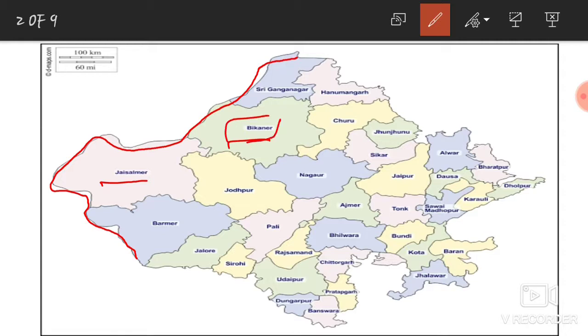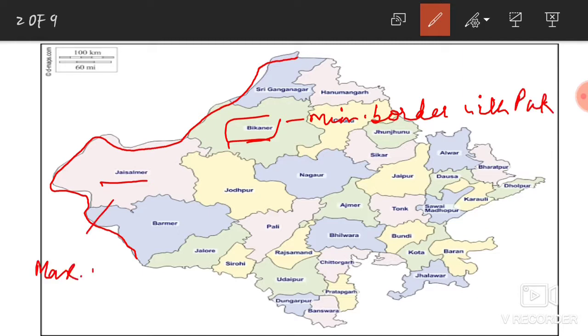Bikaner shares the minimum border with Pakistan, and Jaisalmer shares the maximum border with Pakistan.